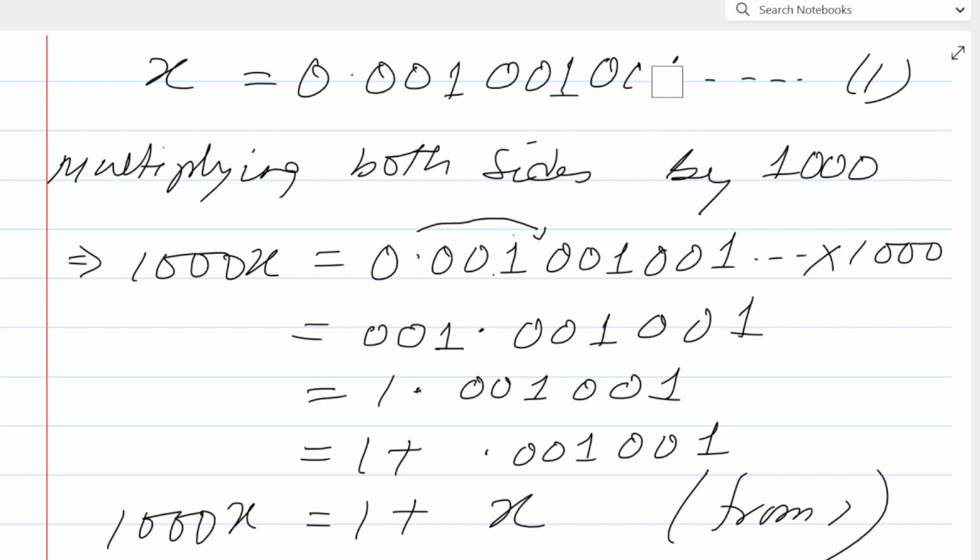As I told you, you can take as many as you want, or keep only this much. Don't get confused with this.